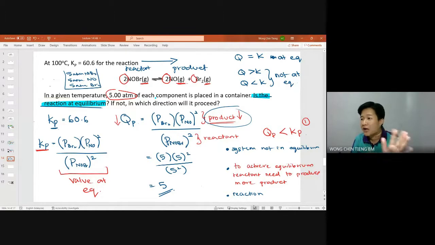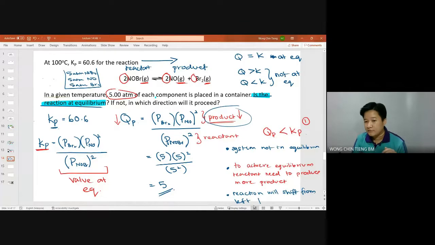Equilibrium position tak wujud lagi. Okay? Tak boleh guna perkataan equilibrium position. So, reaction will shift from left to right. Nampak? Okay.